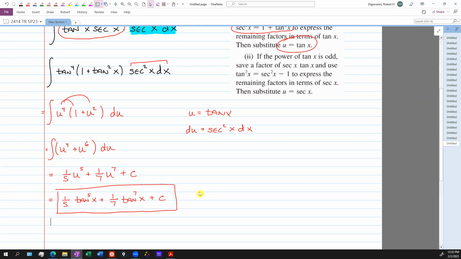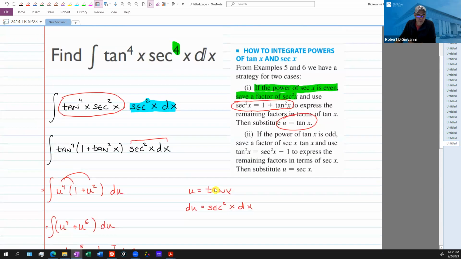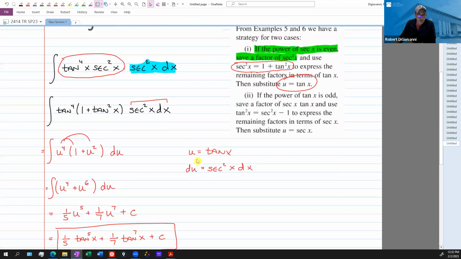Is there a similar method to this with cosecant and cotangent or no? Yeah, there is, but the thing that you would have to know there is, what's the derivative of cotangent? What's the derivative of cosecant? And it would work the exact same way. It's just most textbooks don't go down that road. They usually just do sine and cosine, and they do tangent and secant.